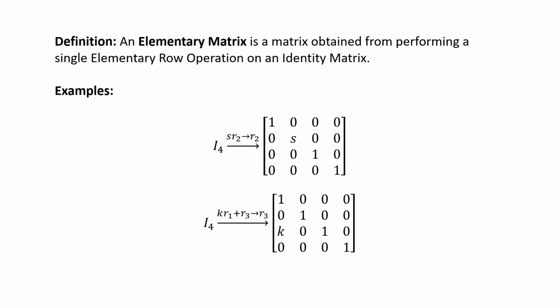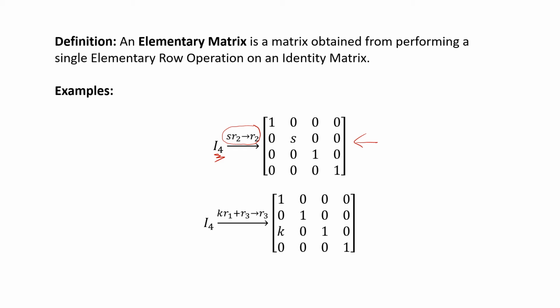So here's 2 examples. If we start with a 4 by 4 identity matrix and apply S times row 2 becomes the new row 2. That's an elementary row operation. You're multiplying a row by a number, by a scalar. You end up with that. This matrix is an elementary matrix.